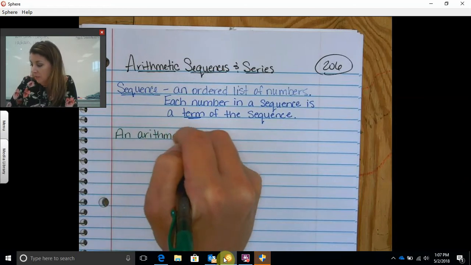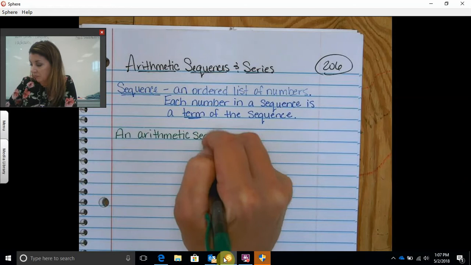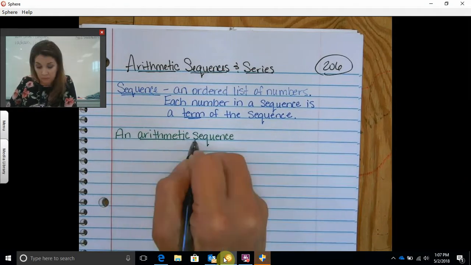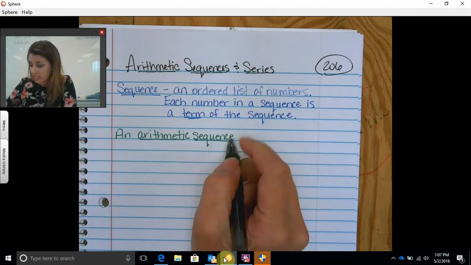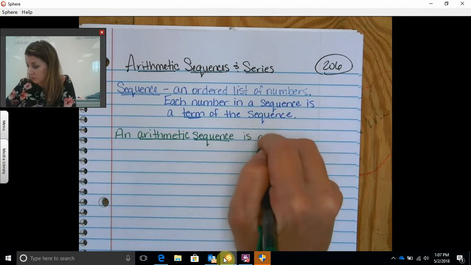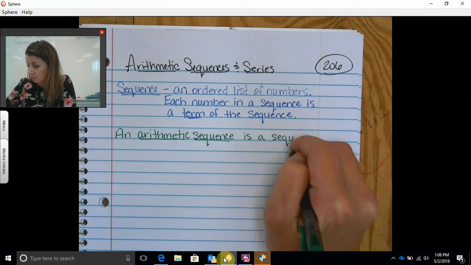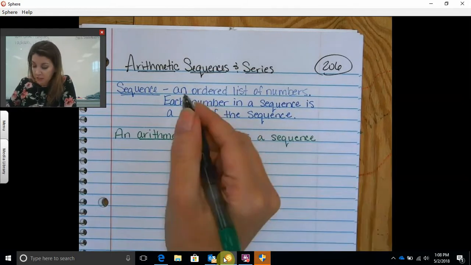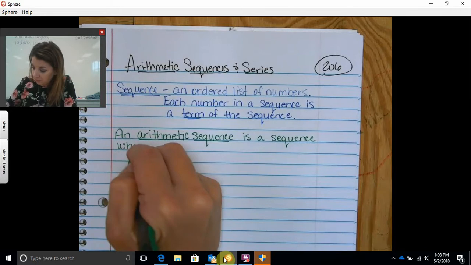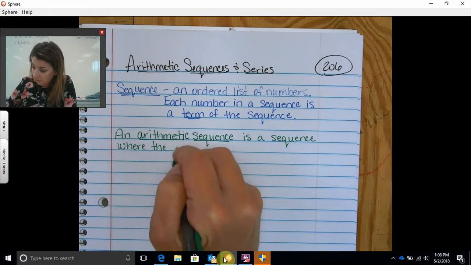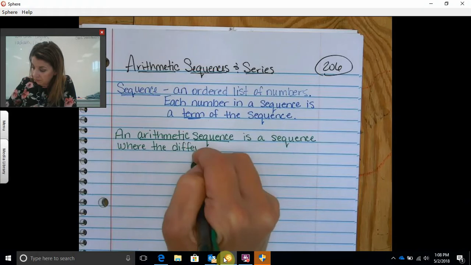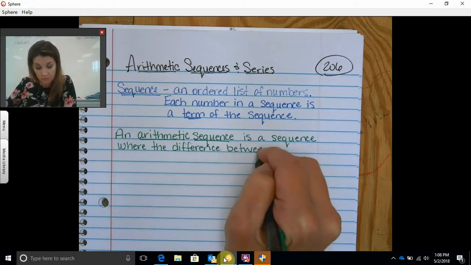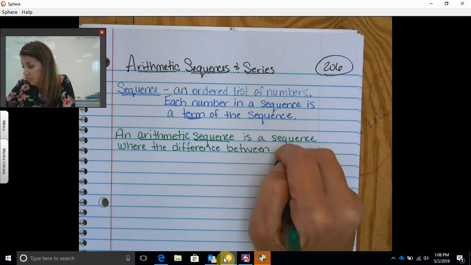An arithmetic sequence is a sequence where the difference between consecutive terms is constant.